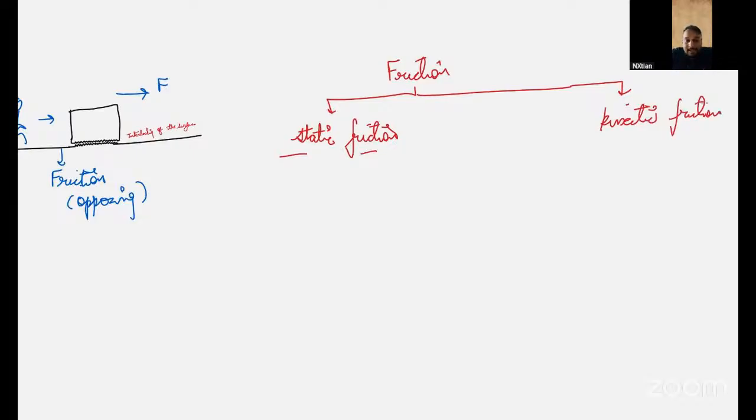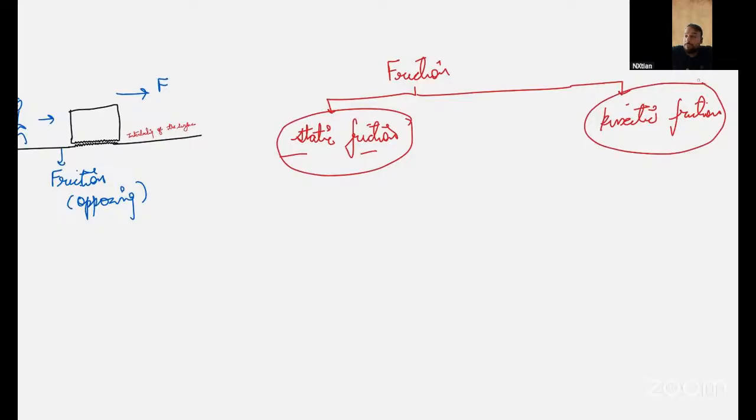Remember this: when an object is at rest and at the same place, that friction is called static friction. For example, right now in front of you, the table and chair are all at rest. The friction which is working right now, when there is no movement, is called static friction. And kinetic means moving.